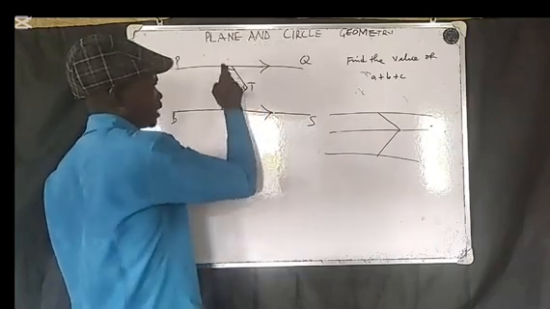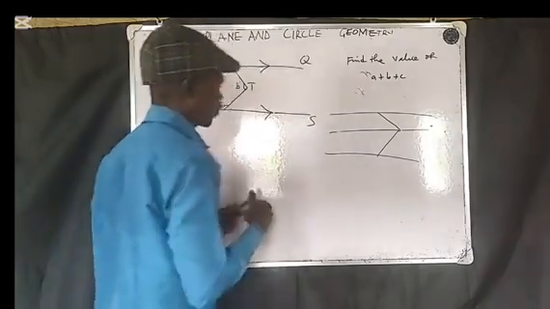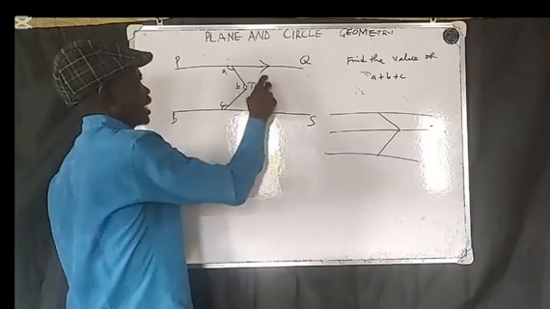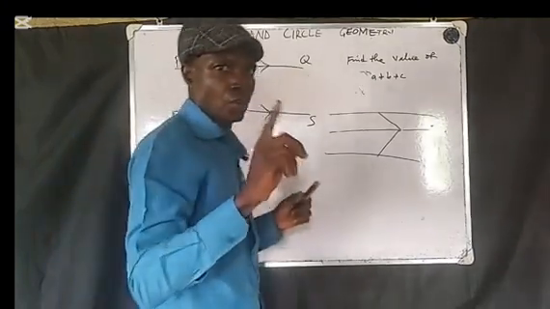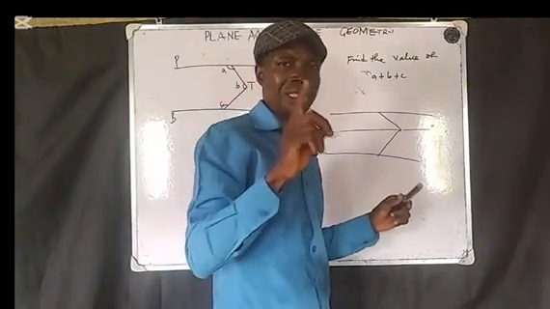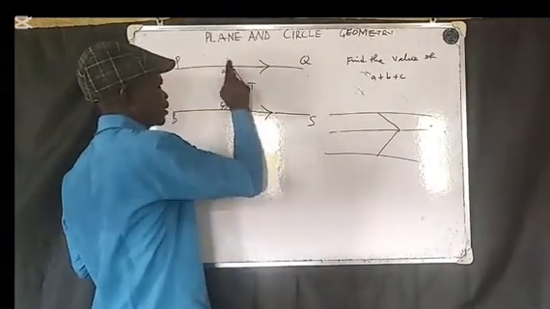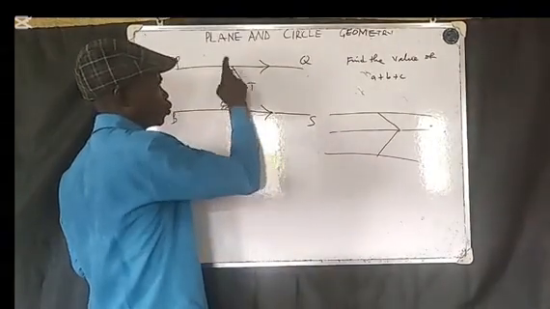Here we have two lines that join them together. This is not allowed. We must ensure that two parallel lines are joined together by a single transversal, a single intersecting line. This one is bending, so it's considered to be 2, not 1.